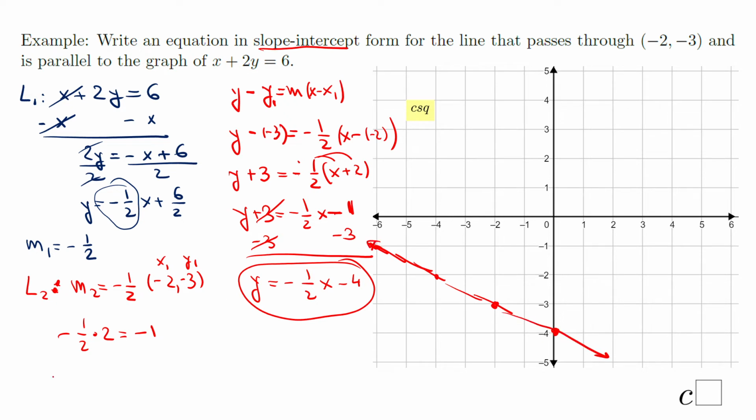And let's take a look at the first line, and I'm going to use this form. We have a y-intercept of 3, since 6 over 2 is 3, and the same slope of negative 1/2. Again, multiple points following the same pattern. And you notice now these two are the lines in this problem.